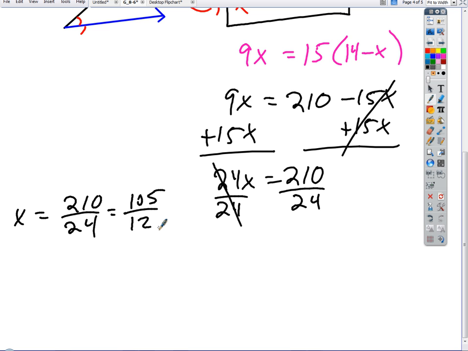Gotta know this one. Because the digits add up to numbers that are divisible by 3, don't they? 1 plus 0 plus 5 is 6, which is divisible by 3, and obviously 12 is divisible by 3. So I can divide them both by 3 and get 35 over 4, is that right? So, yeah, whatever that is.